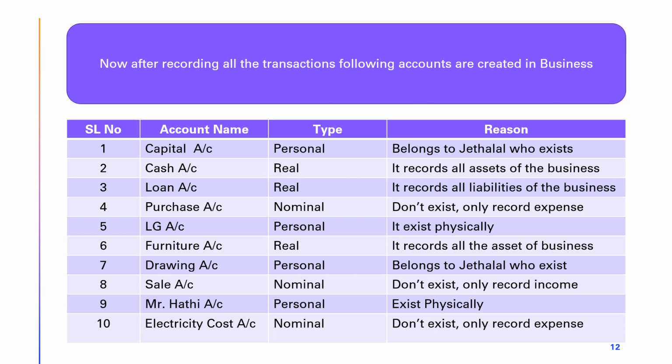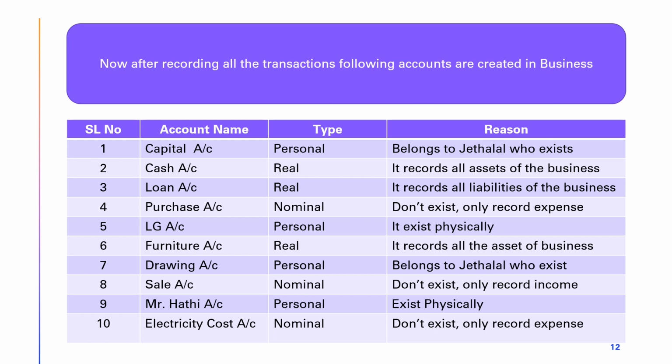Now after recording all these transactions, the following accounts are created in Gara Electronics. In the table mentioned below, you can find the list along with type of accounts and the reason why it is classified into that type.